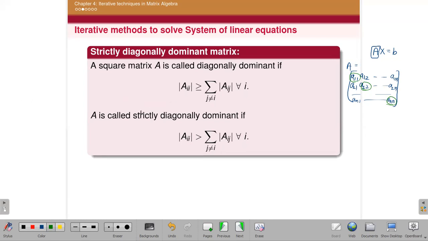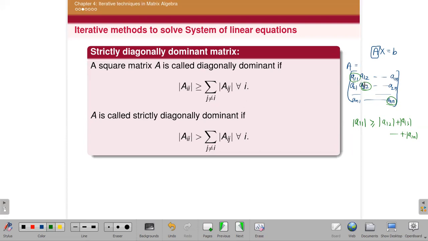Suppose I'm taking the first diagonal element, modulus of a11 should be greater than or equal to the sum of the other entries in the first row, a12 plus a13 and so on up to a1n. So if you take the absolute values and sum these numbers except a11, then it is less than the number which occurs on the diagonal.